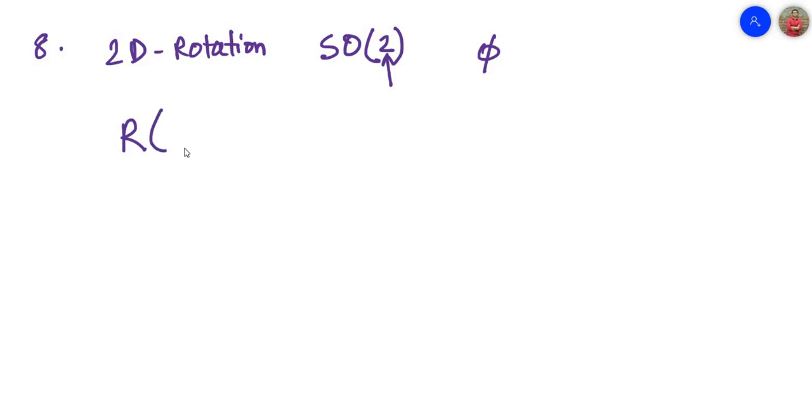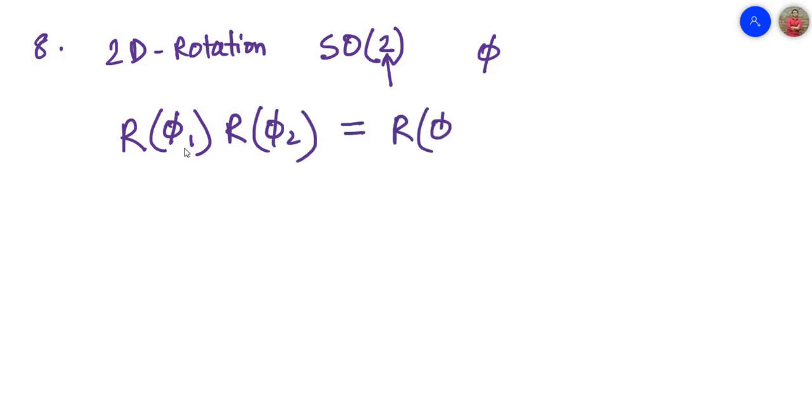The example of two-dimensional rotation in the Euclidean plane forms a group SO2. The 2 denotes the 2 dimensions, although this group has only one continuous parameter, which is the rotation angle phi, and they compose as r of phi 1 times r of phi 2 equal to r of phi 1 plus phi 2, and this is also an abelian group.